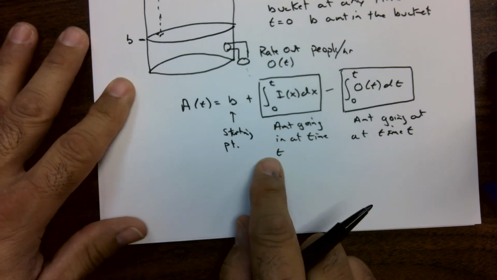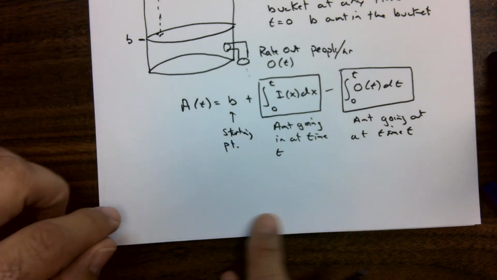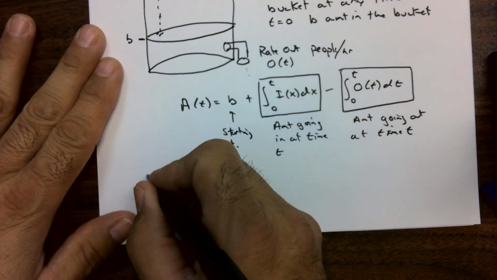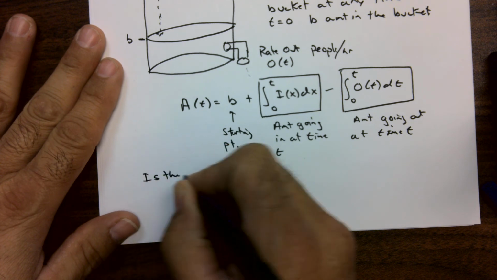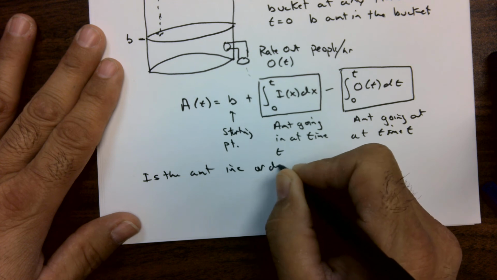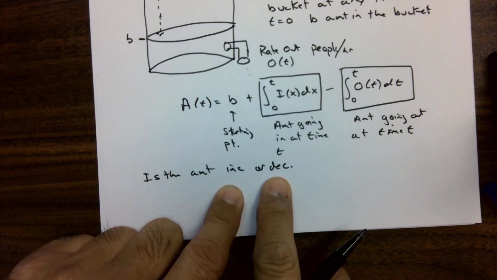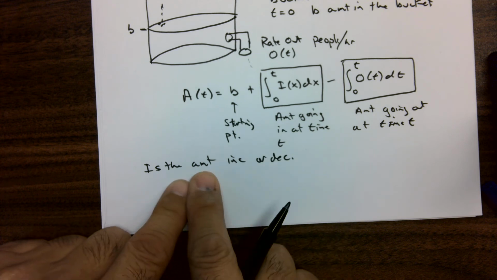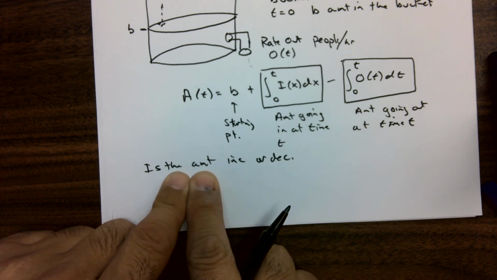Now they're going to ask several questions about this, and one of the questions they're going to say is, is the amount increasing or decreasing? Now I see the words increasing or decreasing, so I want to know if this amount is increasing or decreasing. So what do we have to do?